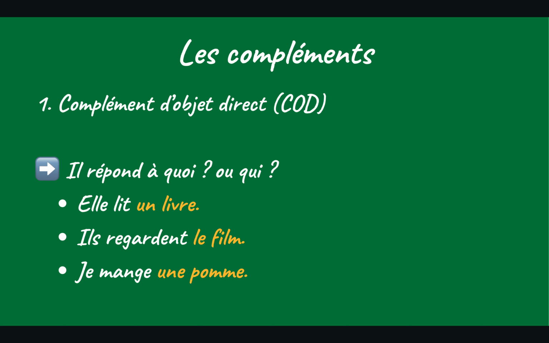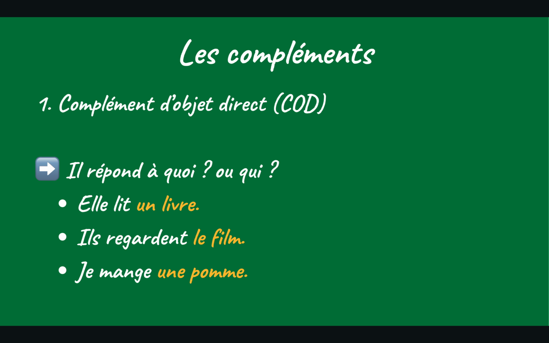So if I read the first sentence here, I have elle lit un livre. Okay. I will ask elle lit quoi? Un livre is the answer to the question quoi. So if un livre is the answer to the question quoi, then un livre is the COD. The next sentence is il regarde le film. Same, I will use quoi.